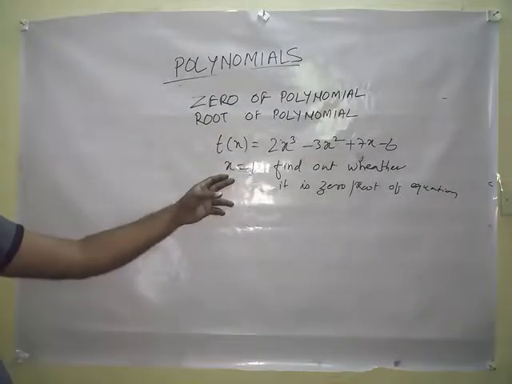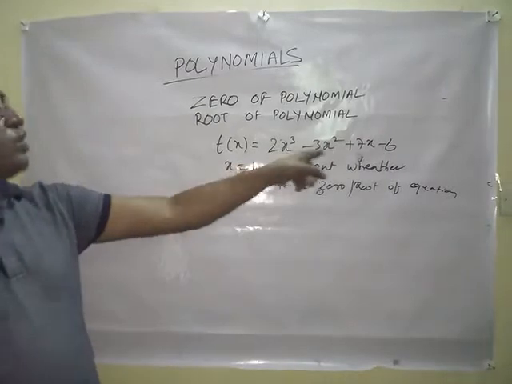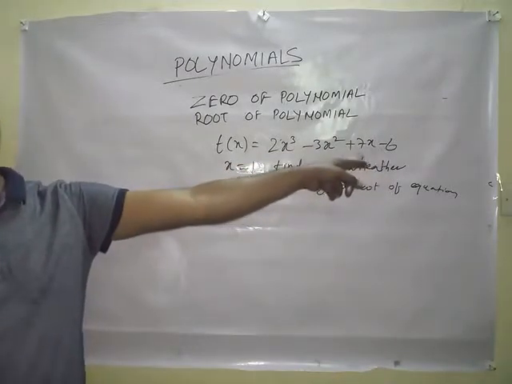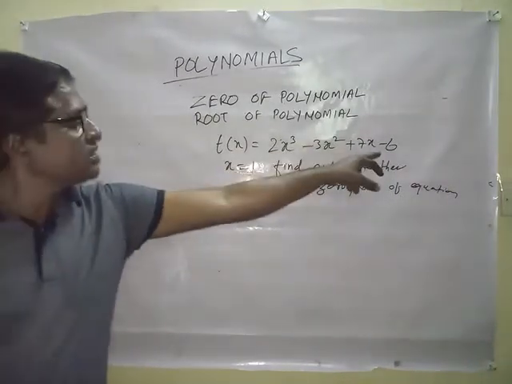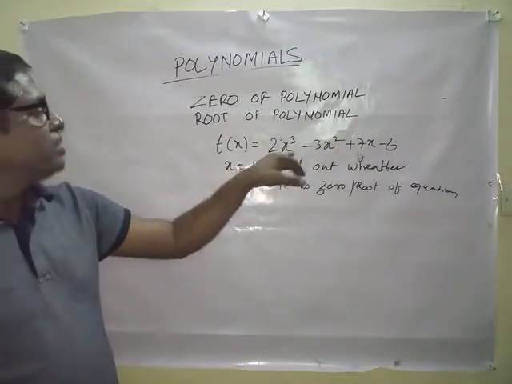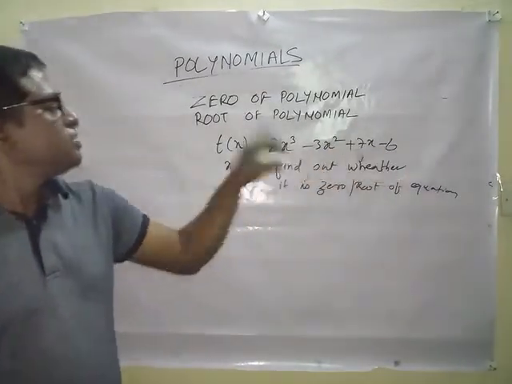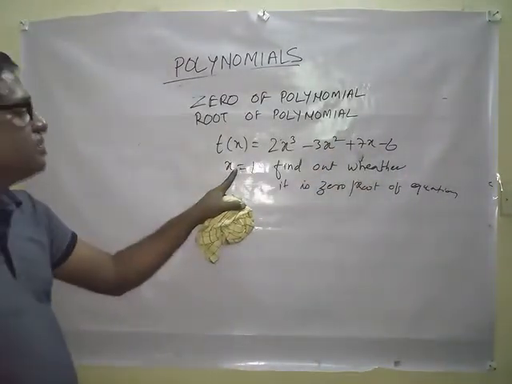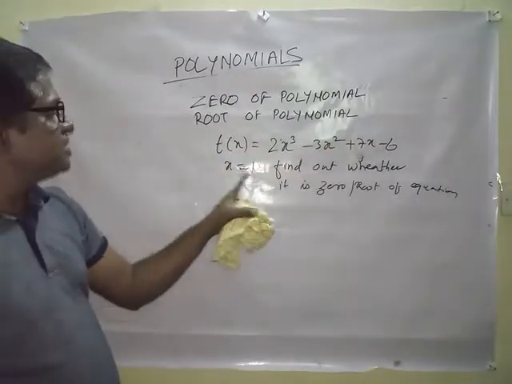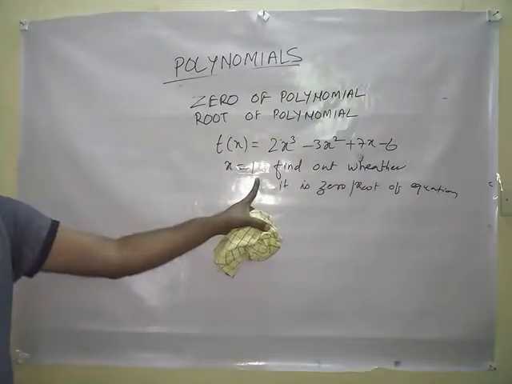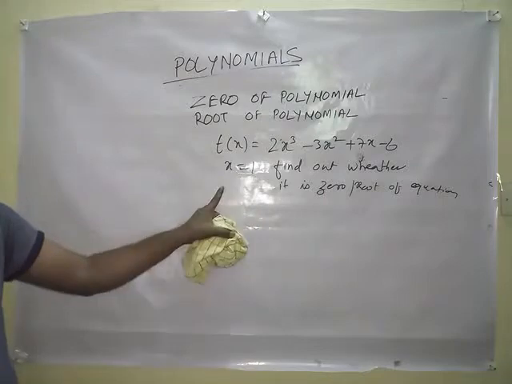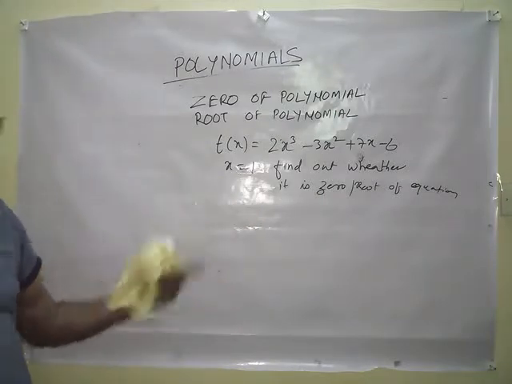So what you have to do, just place the value of x here, solve this equation, find out whether the answer is coming 0 or not. If the answer is coming 0, then yes, x is equal to 1 is a zero or root of this polynomial equation. If the answer is not coming 0, then it is not.